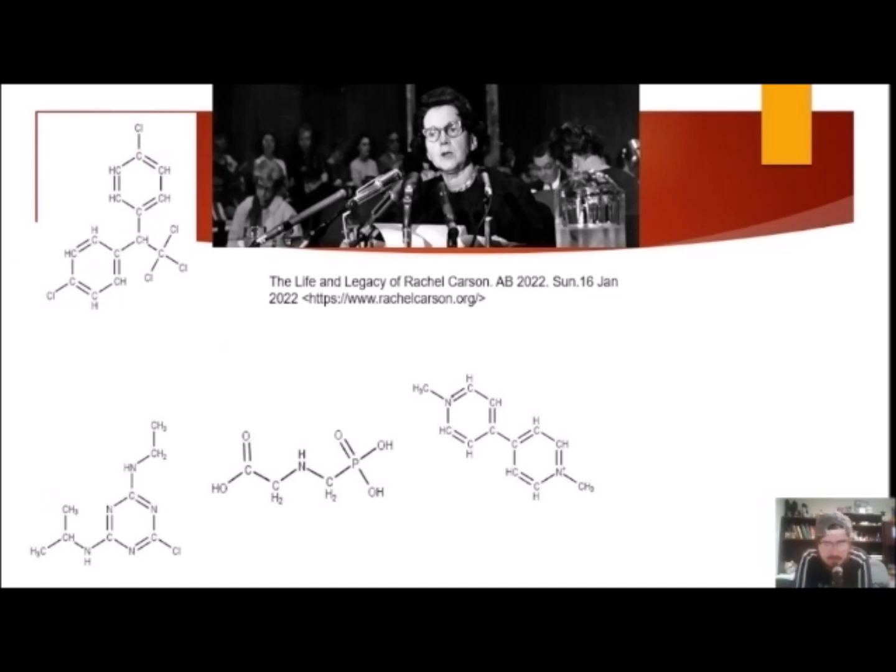So we try to look at more natural, a little bit less toxic ones like nicotine from tobacco and pyrethrins, things from chrysanthemums. And we got things like DDT in the upper corner. DDT was discovered in like 1874 in Germany. It wasn't used as an insecticide until 1939 by Paul Mueller in Switzerland. He would go on to win the 1948 Nobel Prize for that.